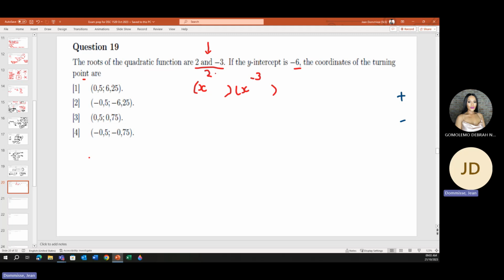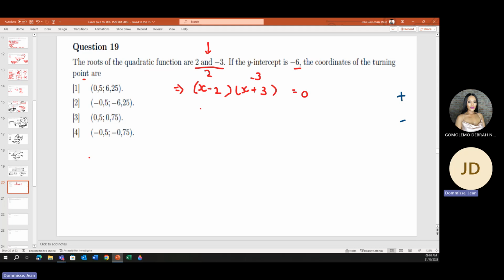So when we want to calculate our formula, this will be x minus 2, and because that was minus 3, this will be x plus 3. Okay, so that's nearly the first starting point to get to our original formula that we need to work with.